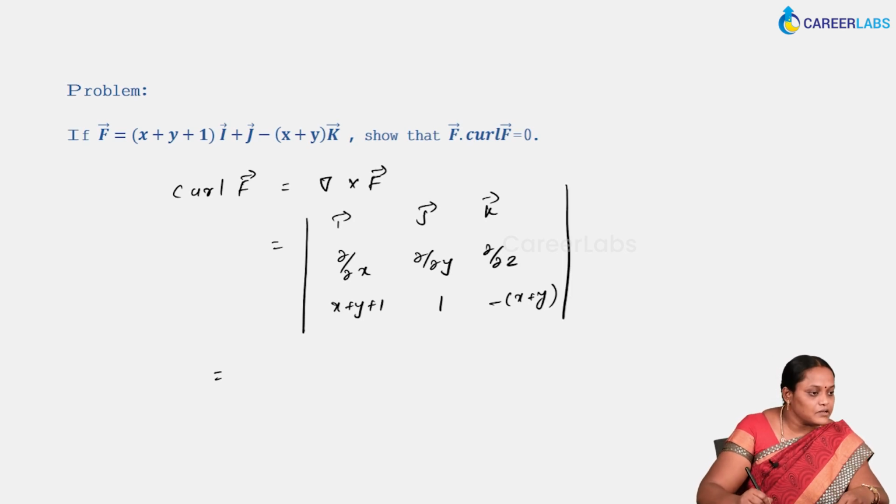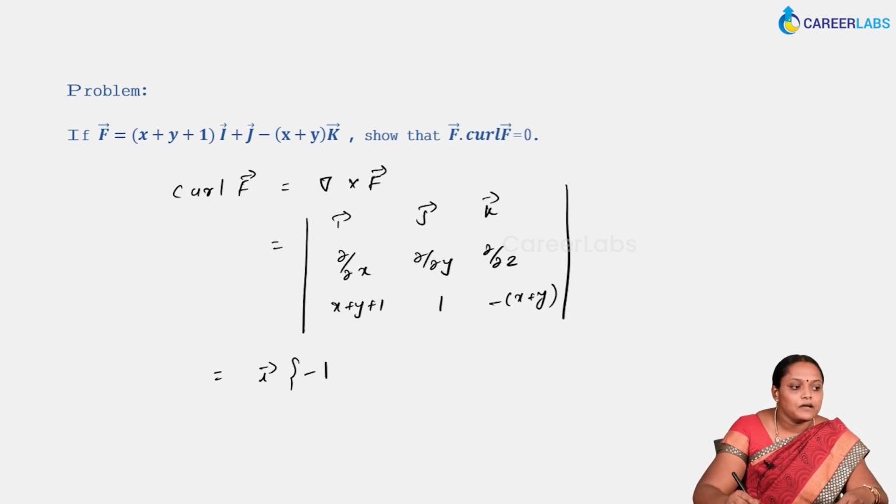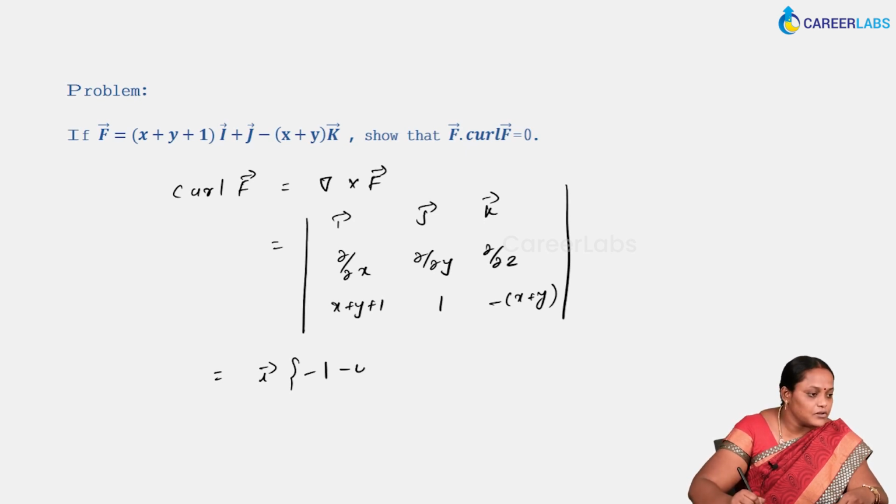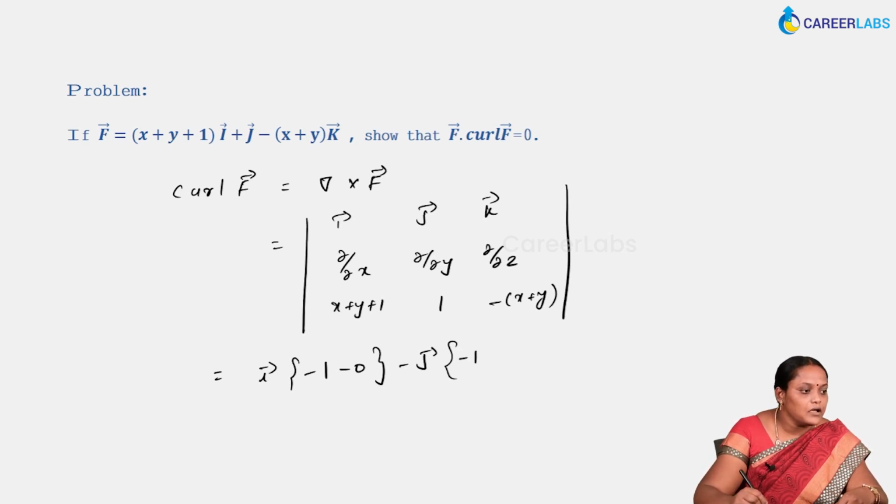So when you expand the determinant, this is i vector times, when you differentiate this term with respect to y, this will give you minus 1, and ∂/∂z of a constant is 0, then minus j vector times ∂/∂x of this term will give you minus 1, and ∂/∂z of this term will give you 0.